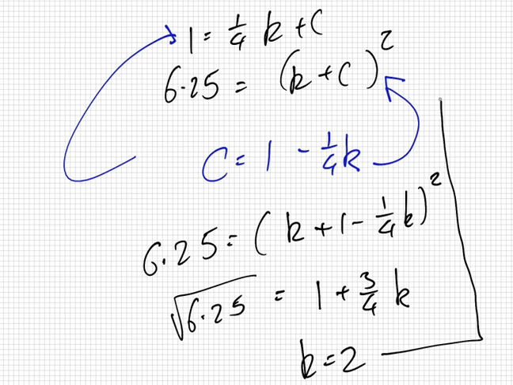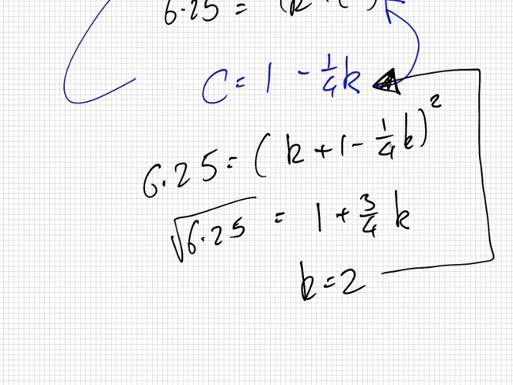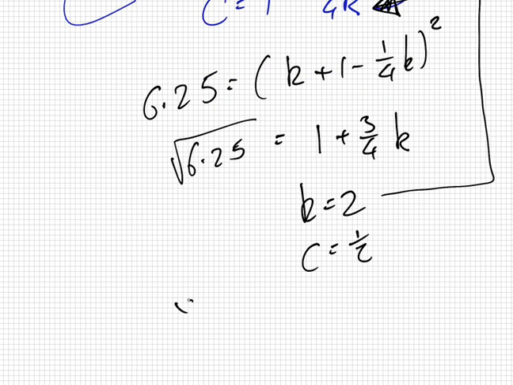I can put that back in here to get the c, or in fact I can put it back in here to get the c. So c would be 1 minus a half. So c would be a half. So I have y equals a quarter k, which is a half x squared plus a half, all squared.